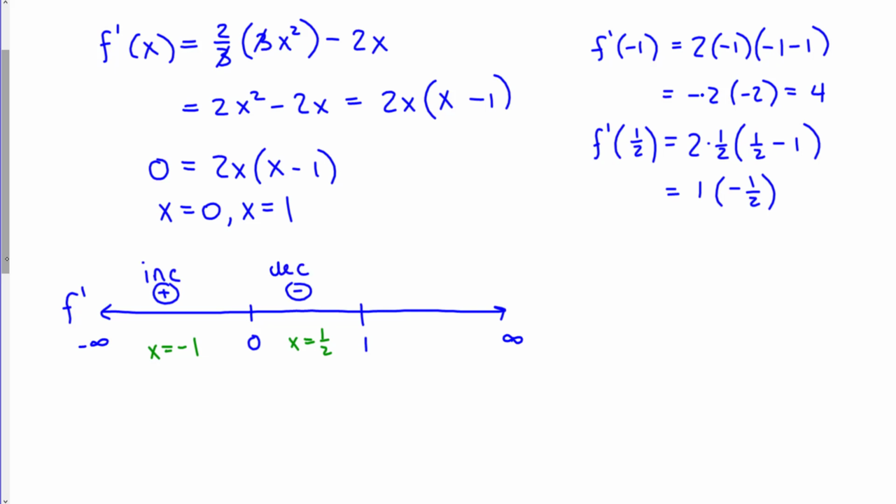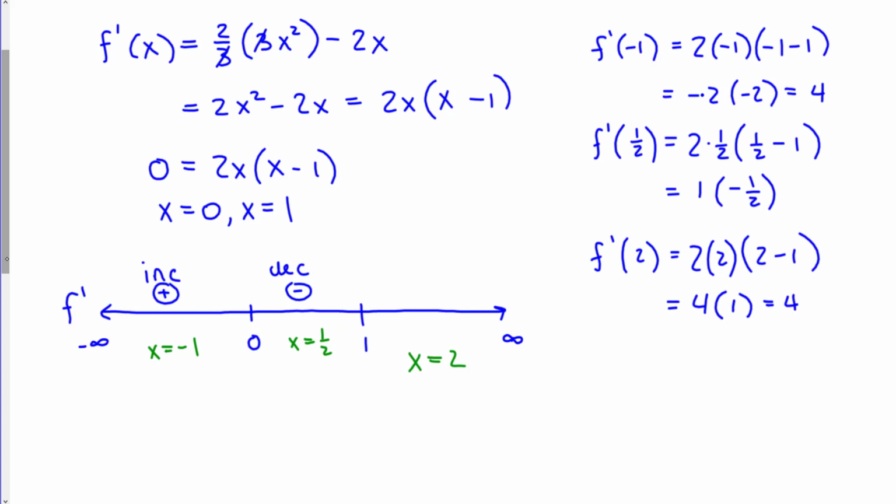And then finally, I need something on the interval from 1 to infinity. Generally, the smallest integer that will work is probably your best choice. So this would be 2 times 2 times 2 minus 1, or 4 times 1, which is positive 4. So everything on this interval is positive, which means everything is entirely increasing.